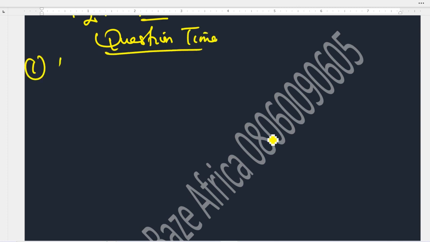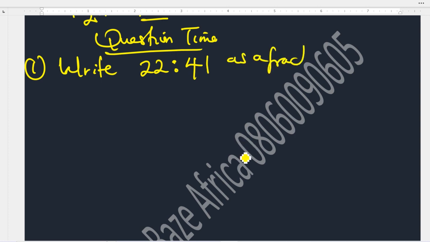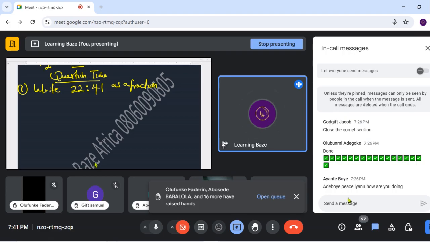The first one, write ratio 22 to 41 as a fraction. I'm going to open the comment section right now, so I want you to post your answer.